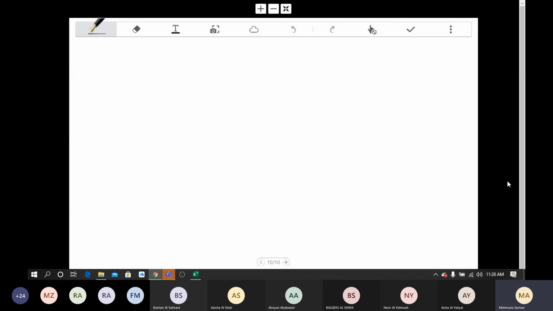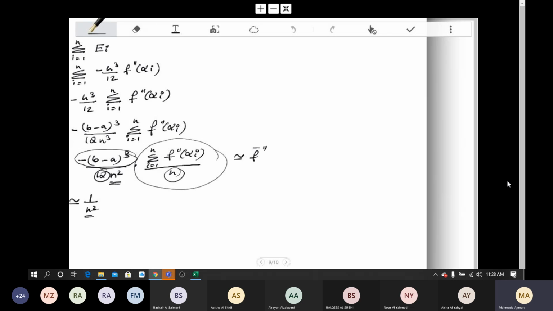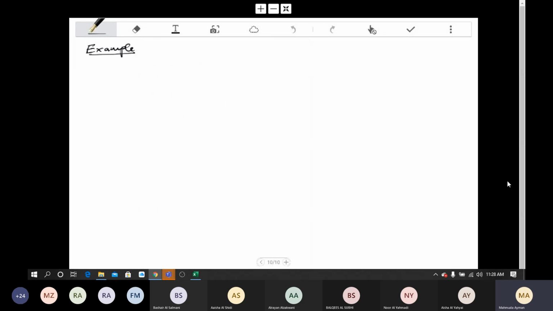So let's work on an example for the error now. Let me rewrite this formula here. We have the true error is equal to minus (b minus a) cubed divided by 12n squared, then summation from i equal to 1 to n of the second derivative of the function at alpha i divided by n.